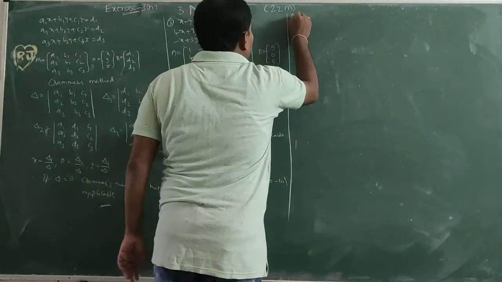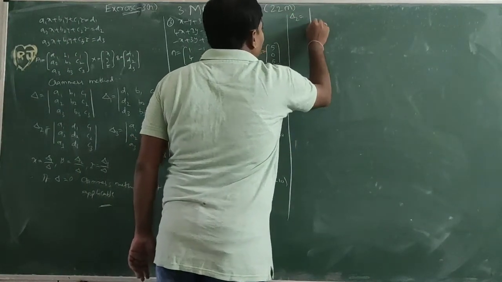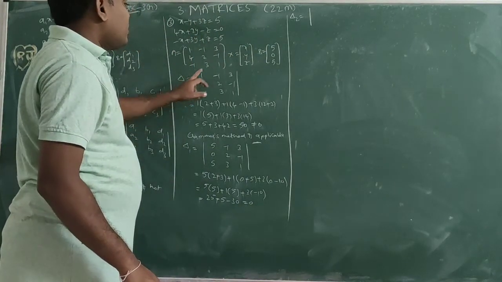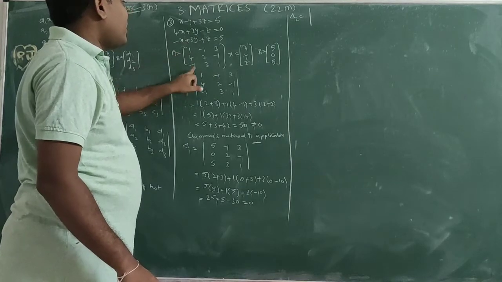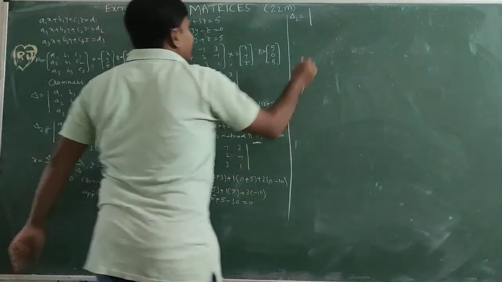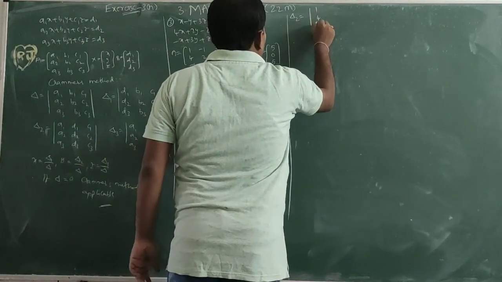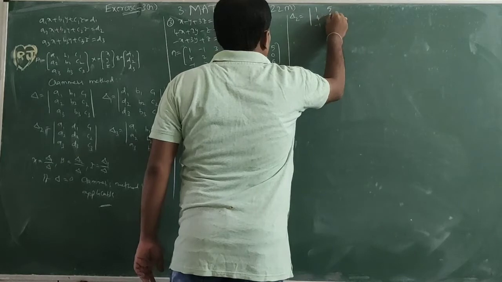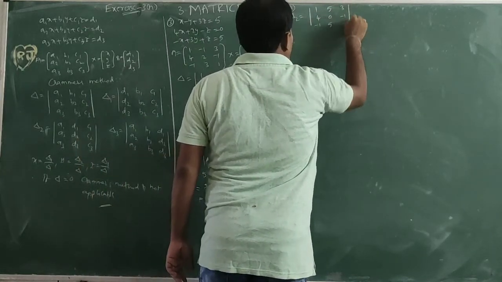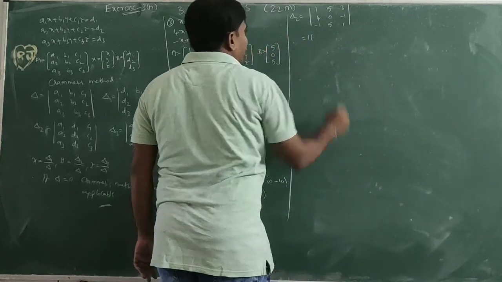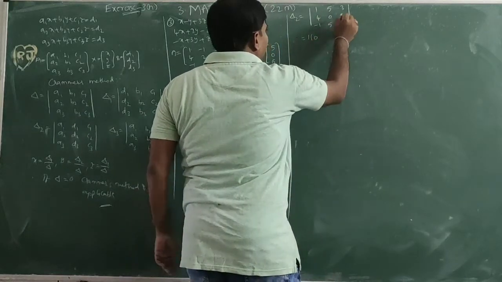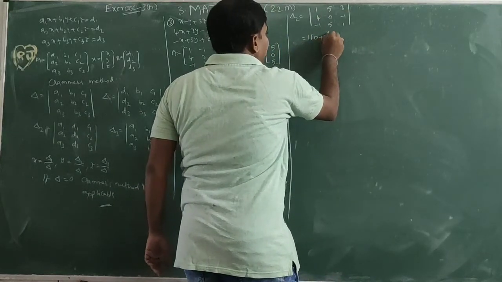Next, delta 2. So if we are finding delta 2, I want to check first. This is the first column, second column, third column. Replacing the second column with 5 0 5. First column as this: 1 4 minus 1, 5 0 5, 3 minus 1 1. 1 of 0 into 1 is 0. 5 into minus 1 is minus 5, this side 5.